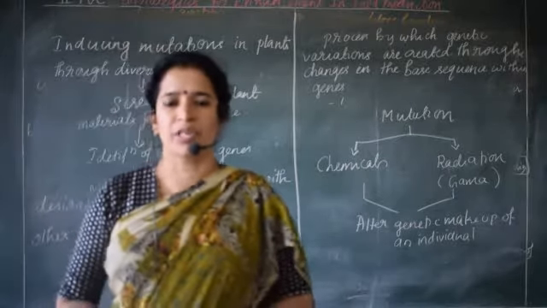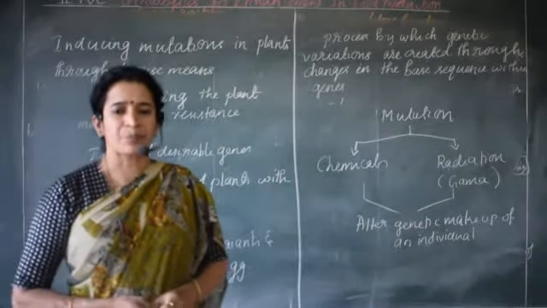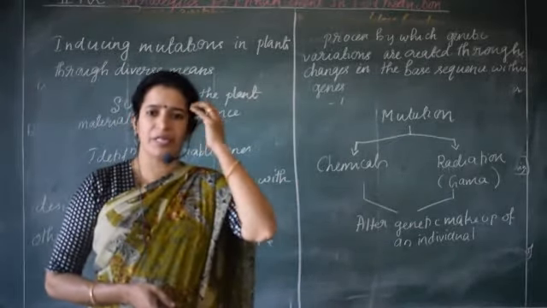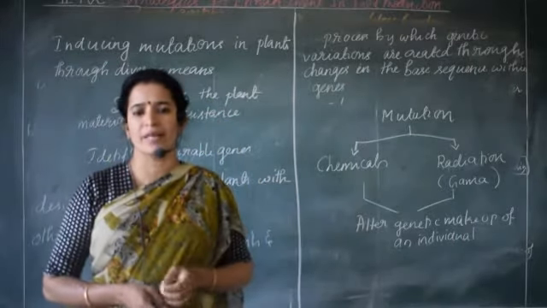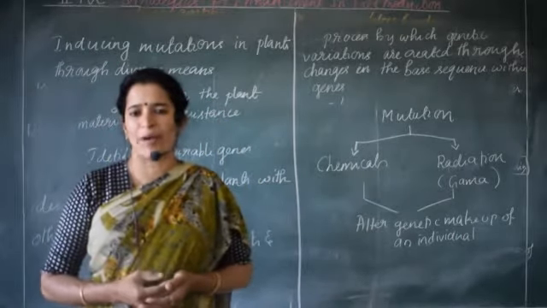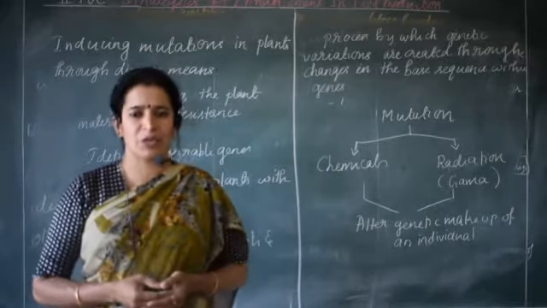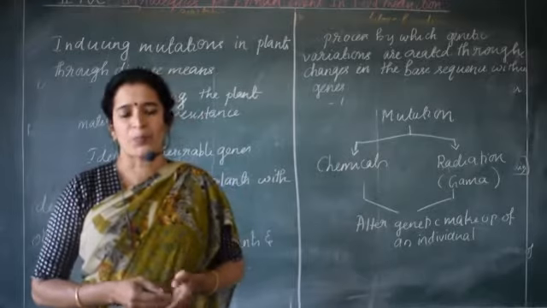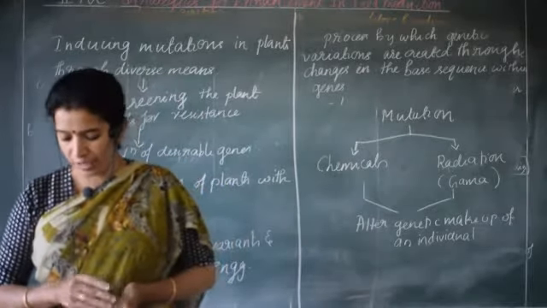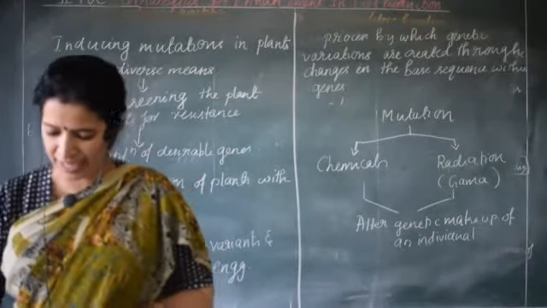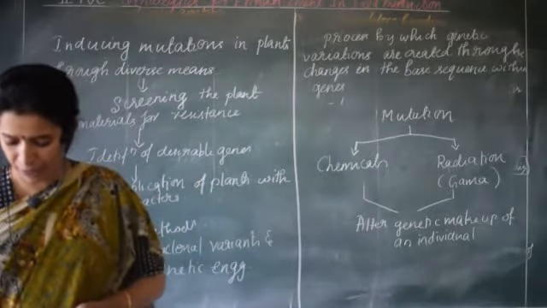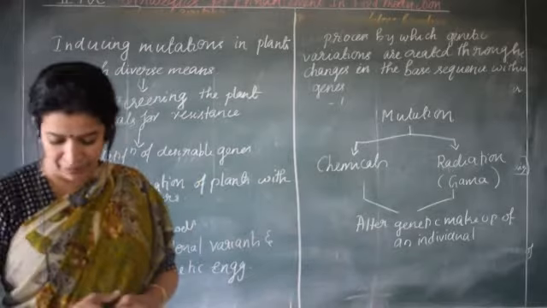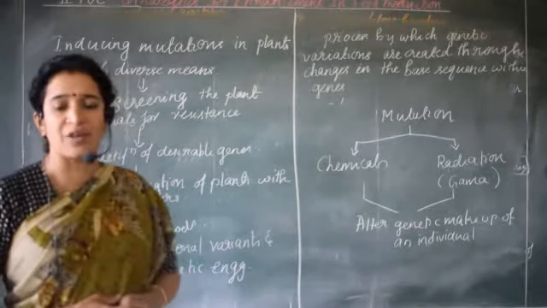Let us focus on the topic now, mutation breeding. In plant breeding, the alteration of crop varieties for resistance to pathogens can be achieved either by conventional methods or by a mutation breeding program. The problem with conventional breeding is that there is a limitation in the number of disease resistant genes in the various crop varieties or wild varieties.